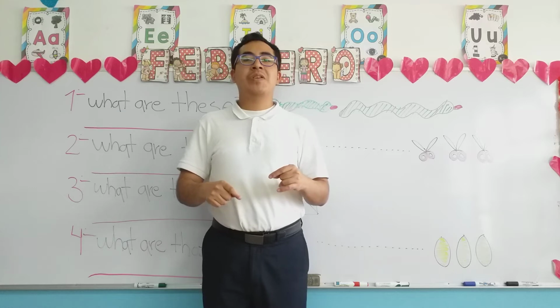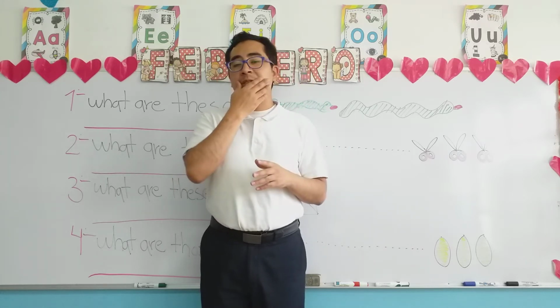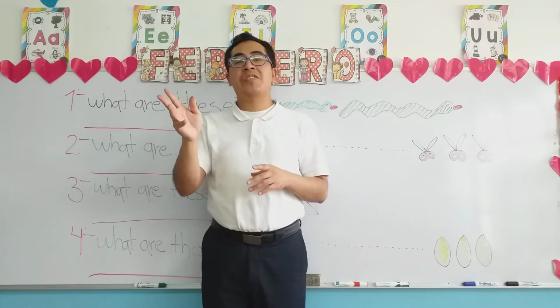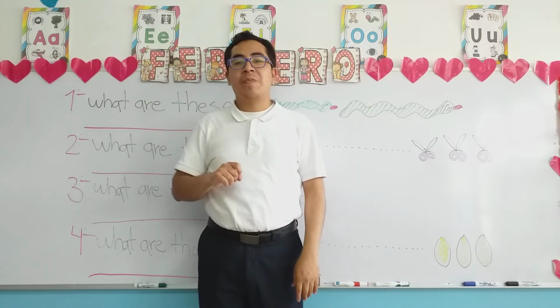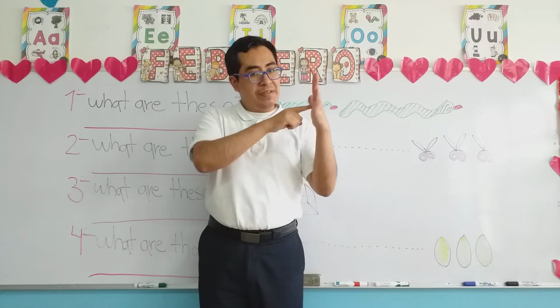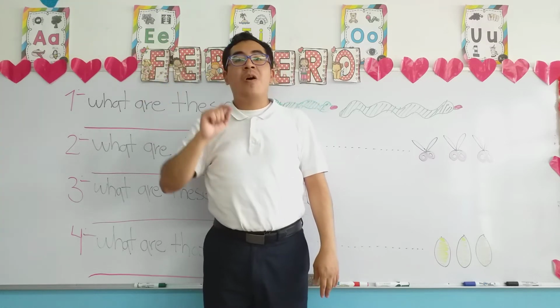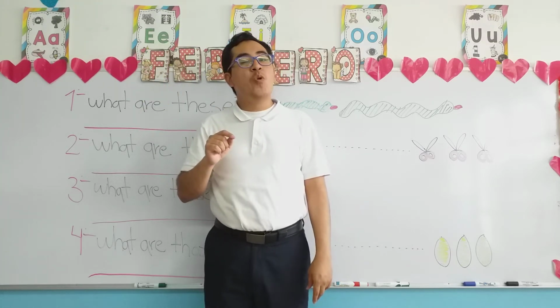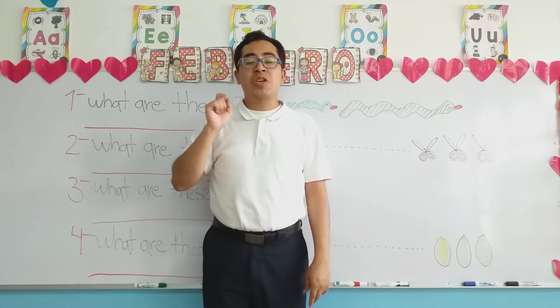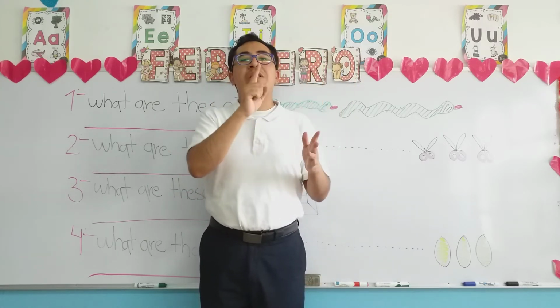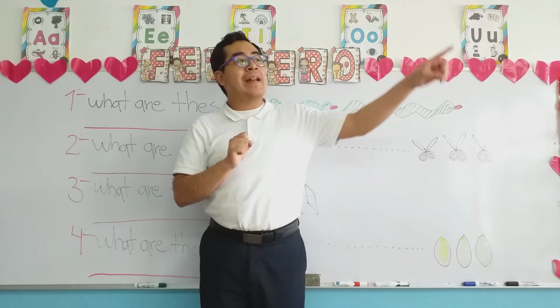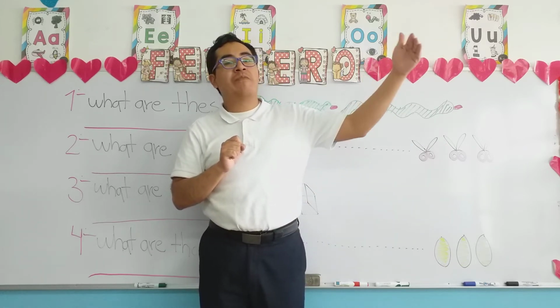For today, my children, we're going to continue with the topic questions and answers using this and those. Now remember, this and those are for objects in plural form. Remember, singular, just one. And we use this with I of Indian and that when the object is far.